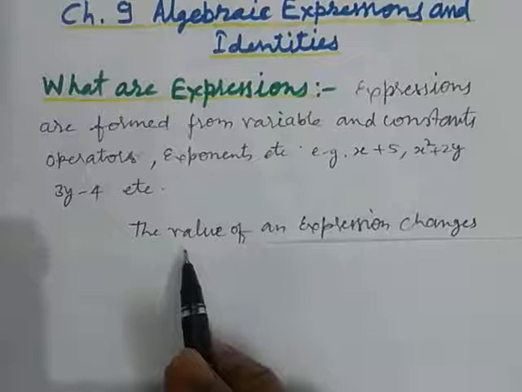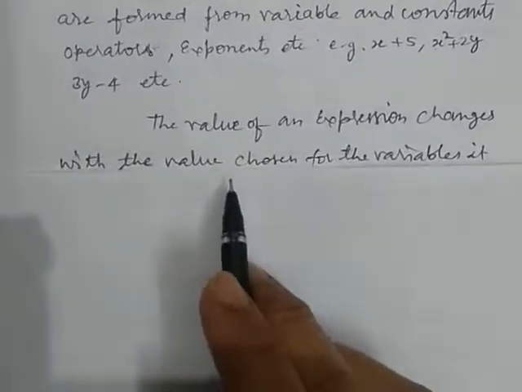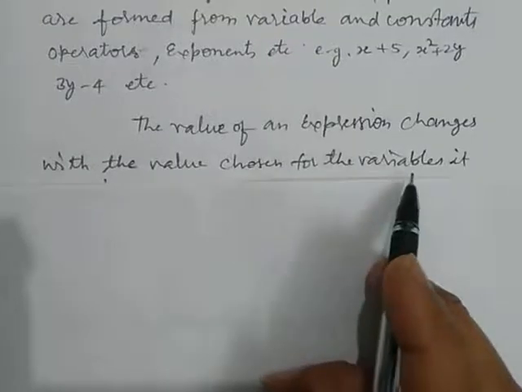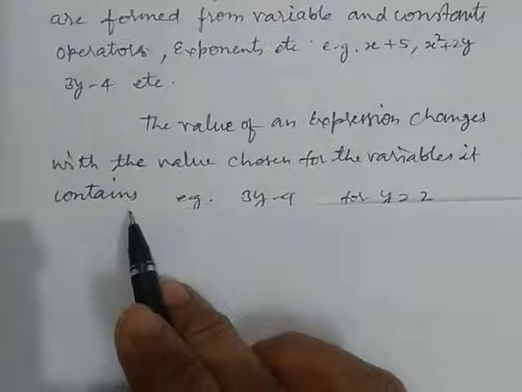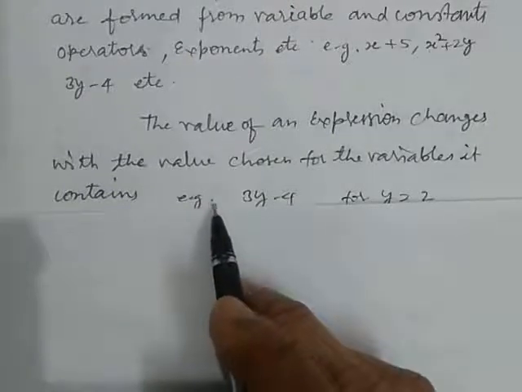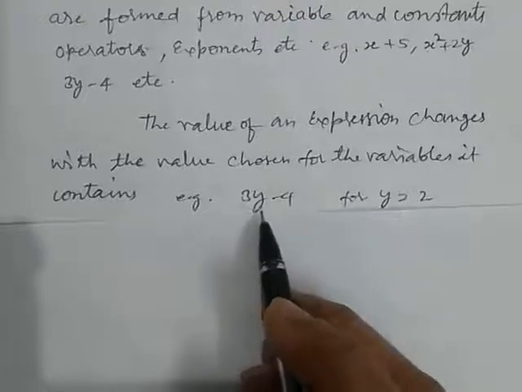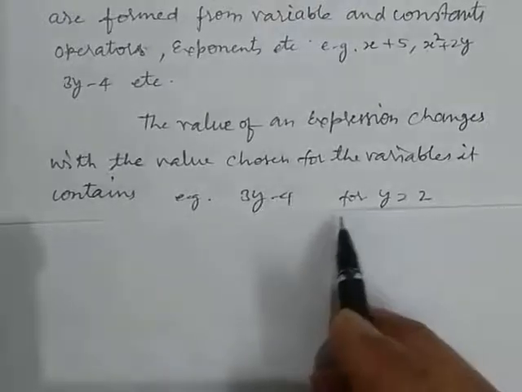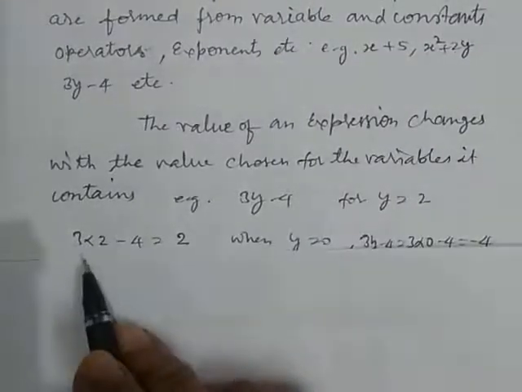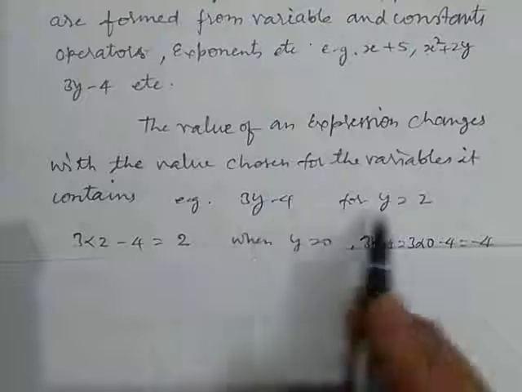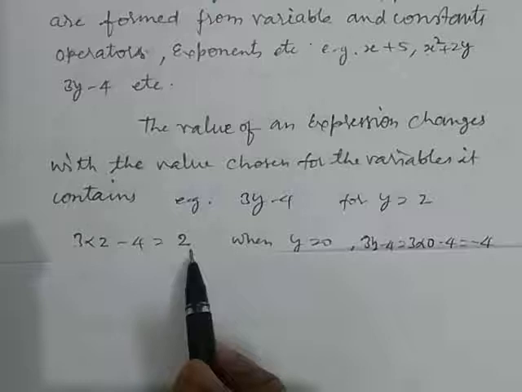Now the value of an expression changes with the values chosen for the variables it contains. We learn this fact by using this example: 3y minus 4. For y equal to 2, we find the value of this expression. By putting y equal to 2, we get 3 into 2 minus 4, that is 2.